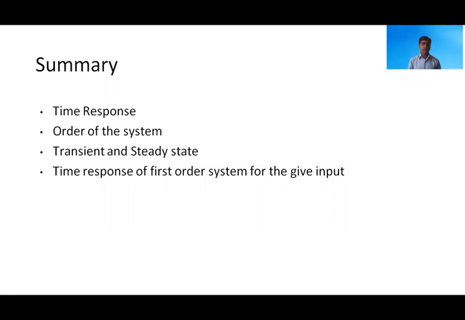And also we have learned the time response of a first order system for the given input signal. In the next video, we will learn about the second order system and the time response of the second order system with its time domain specifications.